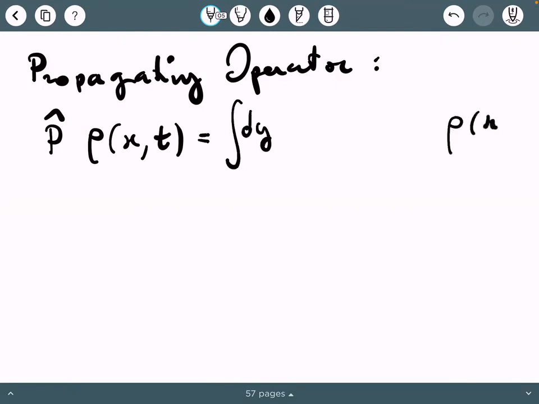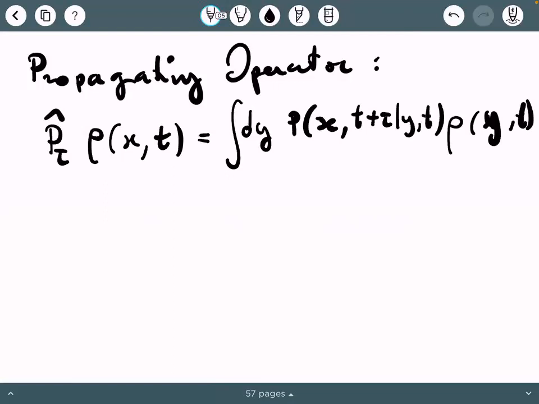Take rho of x at time t and propagate it forward according to the Fokker-Planck equation by an amount t. Sorry, yeah, that's correct, absolutely correct. Okay, but this is the Green's function of the Fokker-Planck operator. It's the propagator.